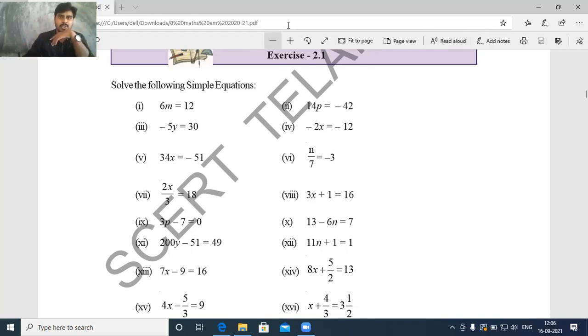Look at the questions here once. What is the variable in the first question? No, wait, I'll ask you one by one. Last bench, what is the variable in the first question? Just the variable, I'm asking. Second from last, what is the variable? What is the variable in the seventh? What is the variable in the eighth?